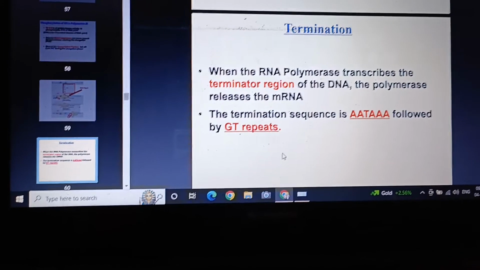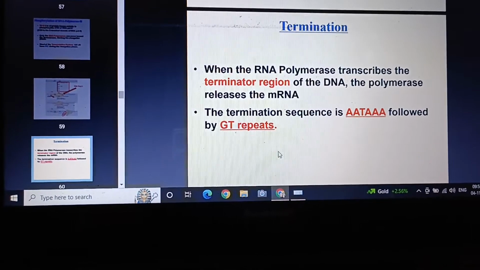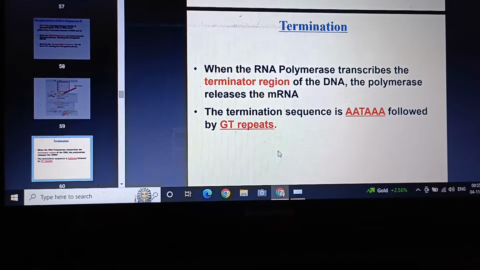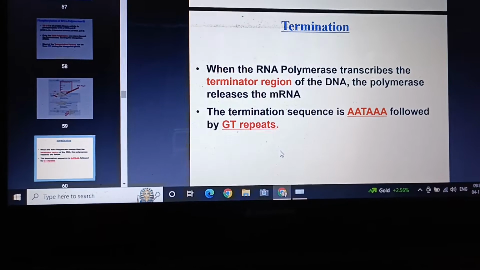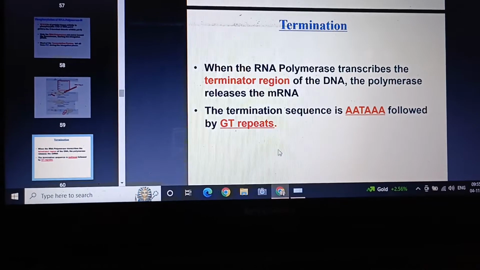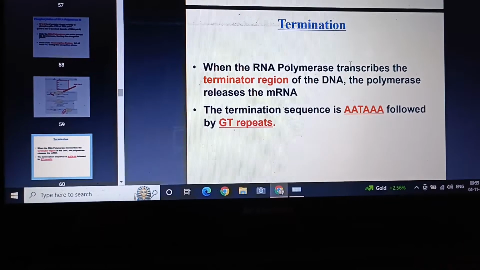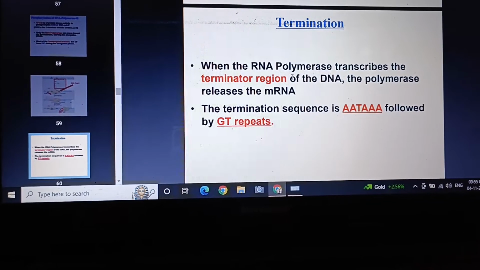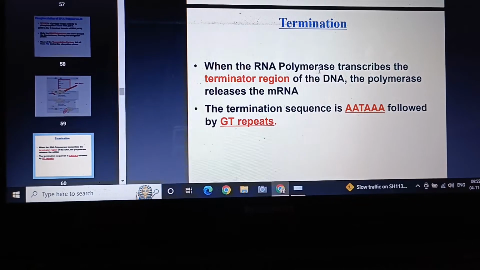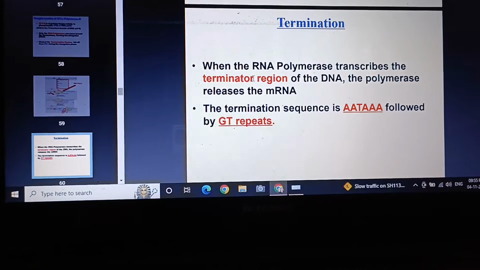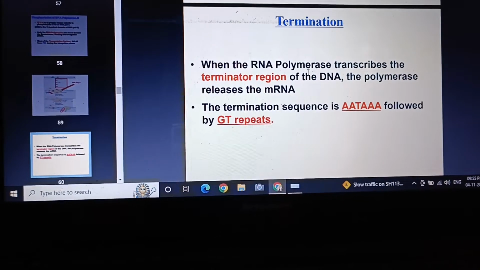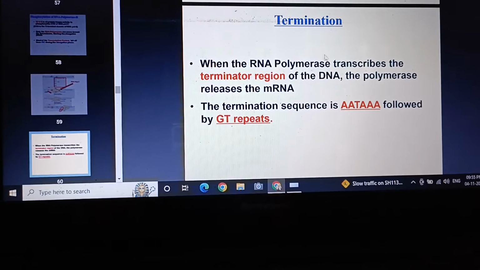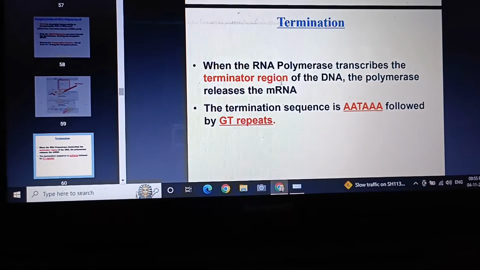Okay, termination. When the RNA polymerase transcribes the terminator region of DNA, the polymerase releases the mRNA. RNA polymerase can synthesize the RNA, and moreover it can also transcribe the terminator region.